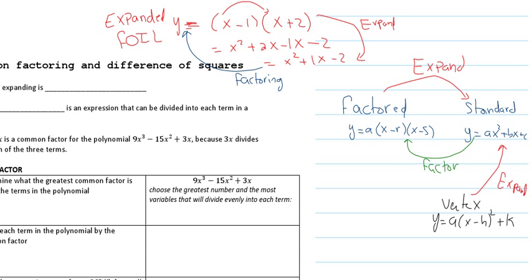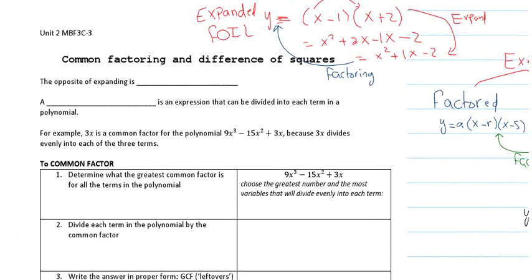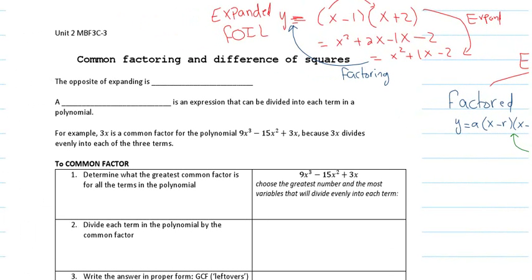The first type of factoring, let's write this first. The opposite of expanding is factoring. A factor is an expression that can be divided into each term in a polynomial.